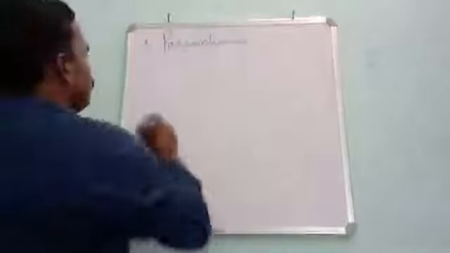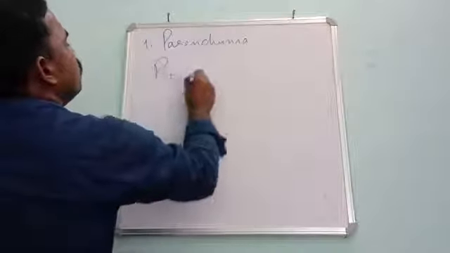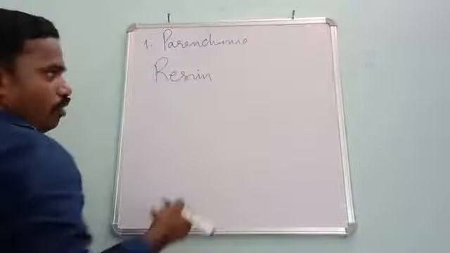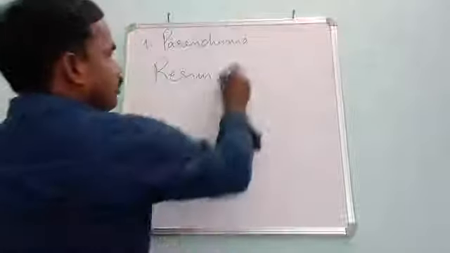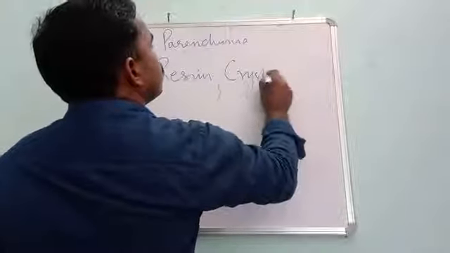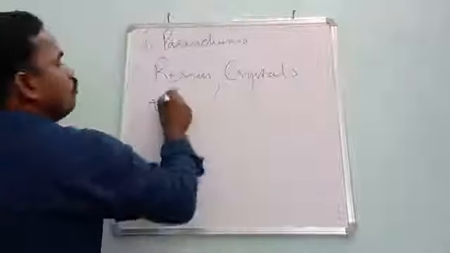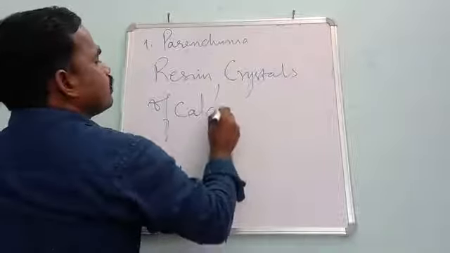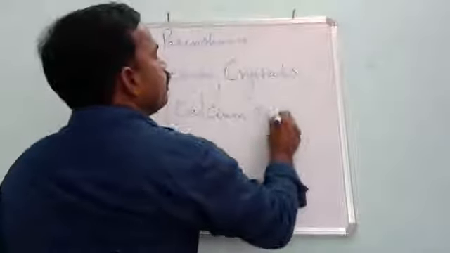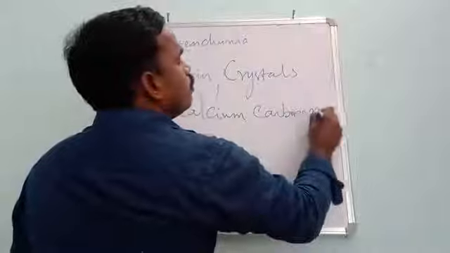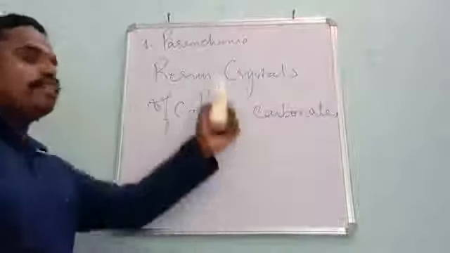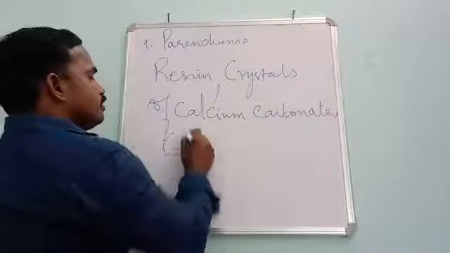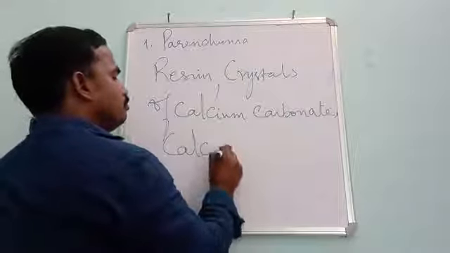The parenchymatous cells store resin, along with crystals of calcium carbonate and calcium oxalate.